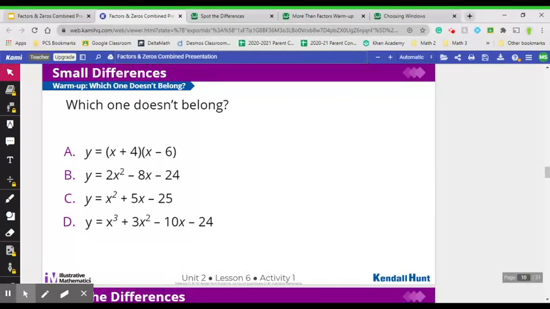Another answer is that choice D might be the one sticking out to you. Choices A, B, and C are all quadratics, which have degree 2. And if you multiplied out the factored form of choice A right here, that would end up being a quadratic as well. So that's two different ways you could interpret this same problem.